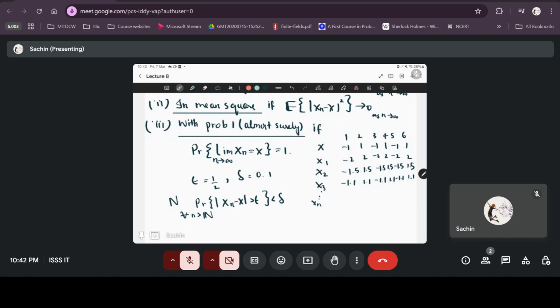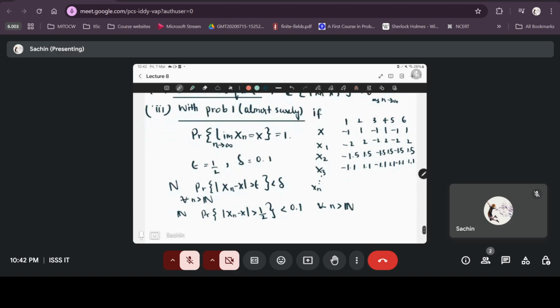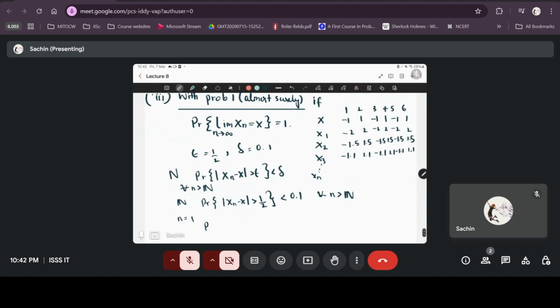So for epsilon equal to half and delta equal to 0.1, you have to find capital N such that probability of |Xn minus X| greater than half is less than 0.1 for all n greater than capital N. Now if you choose n equal to 1, you have probability of |Xn minus X| greater than half. This will be true for all outcomes.